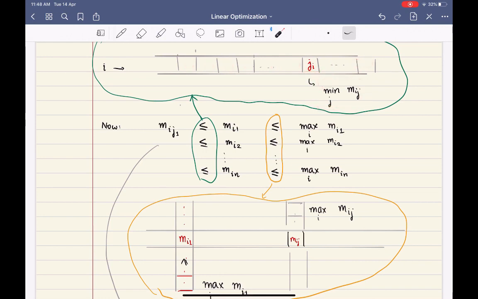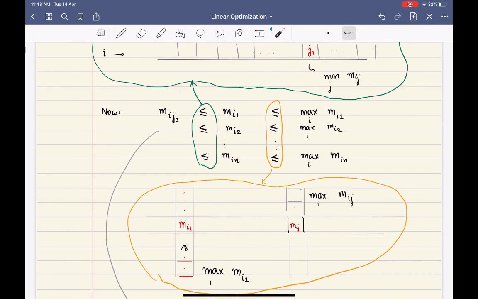Okay. Now look at mi1. You fix this column for the minimizer and then vary the choice of the maximizer. Now in this column there will be a maximum number. So call it the max over all i of mi1.